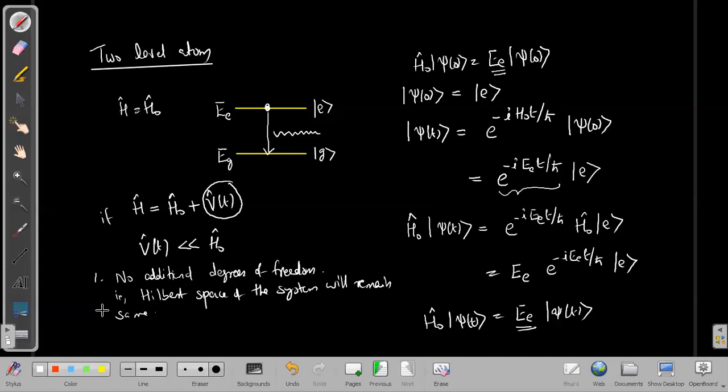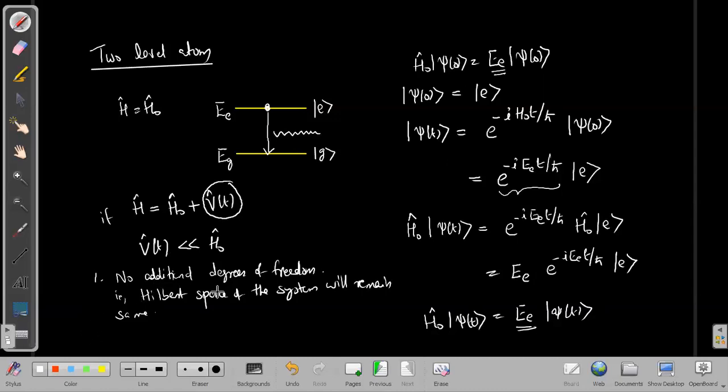So such things may happen. But if the perturbation is very small, then usually we will be safe. So we are restricting our discussion to no additional degrees of freedom being produced due to the presence of perturbation. So that's the first part.